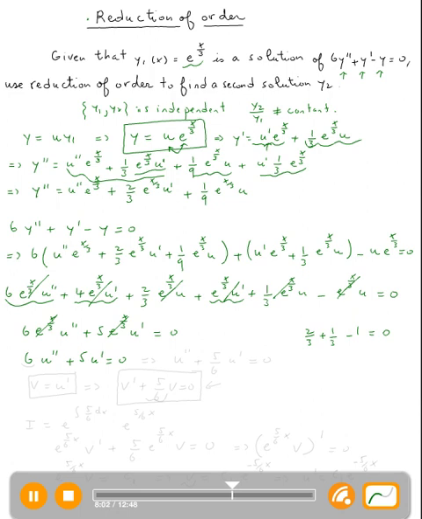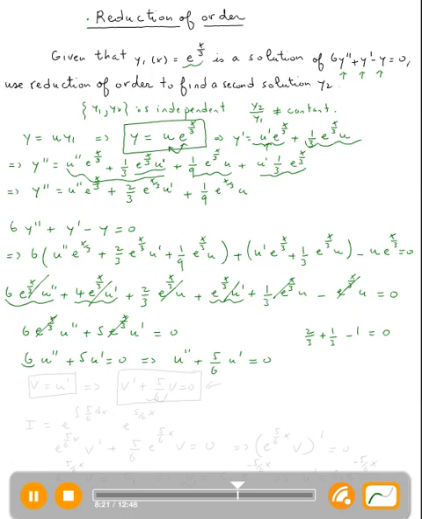Well, now to use the integrating factor method, we need to write this in standard form. We need to get rid of the 6, divided by 6. You get u double prime plus 5/6 u prime is equal to 0.